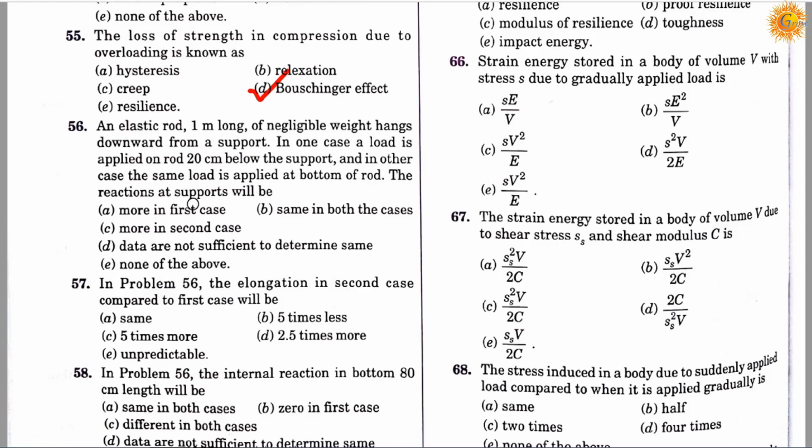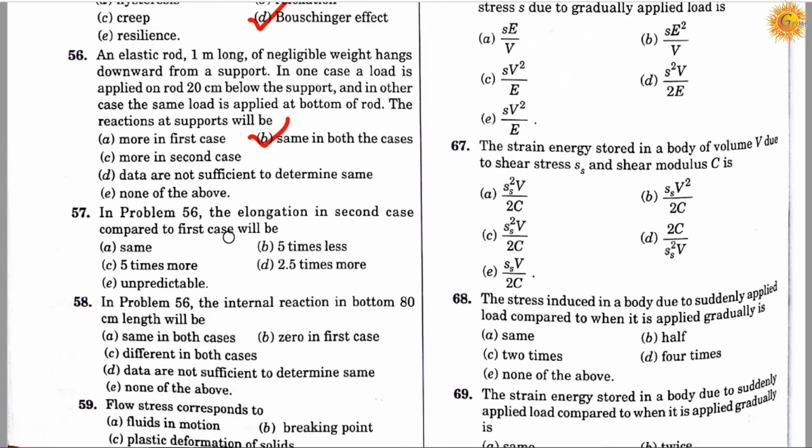The reaction at supports will be: option A, more in the first case; option B, same in both the cases; option C, more in the second case; option D, data are not sufficient to determine; and option E, none of the above. Correct answer is B, same in both the cases.